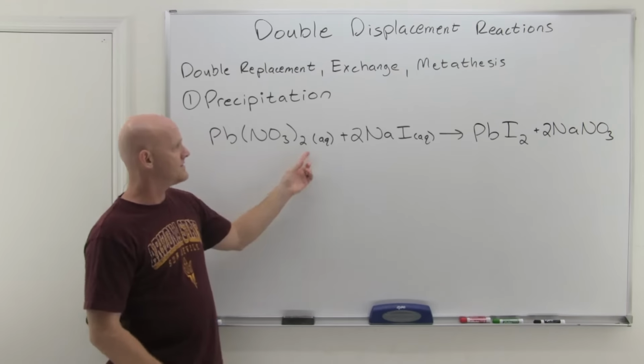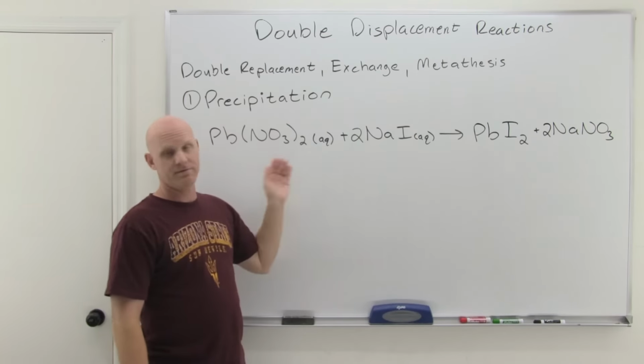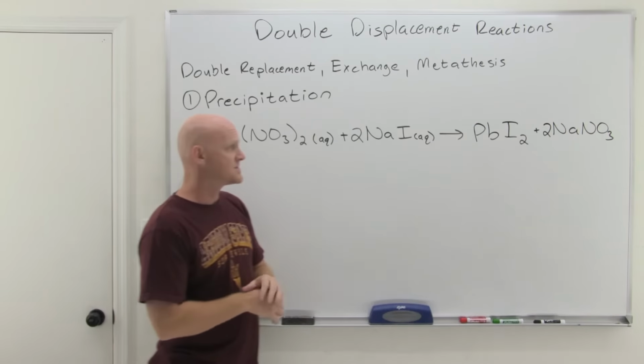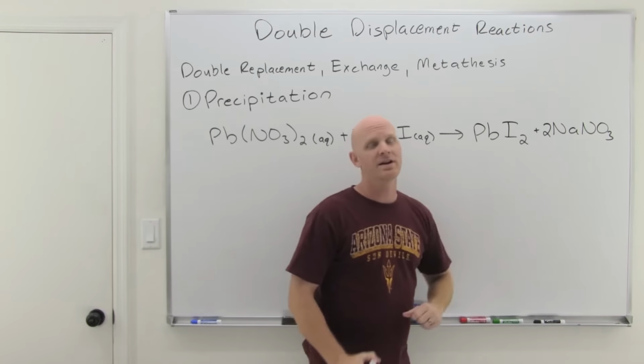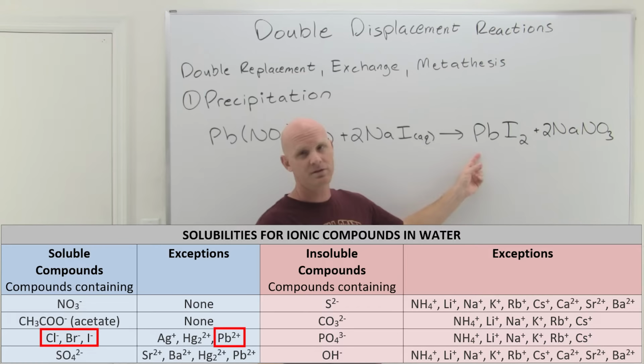All right, so I gave you the phases of the reactants, and for a typical double displacement reaction, both your reactants are typically going to be aqueous. But your products here, you're going to have to figure out based on the solubility rules we took a look at in the last lesson. So if we start with PbI2, you guys learned that most chlorides, bromides, iodides are soluble, except silver, lead, and mercury.